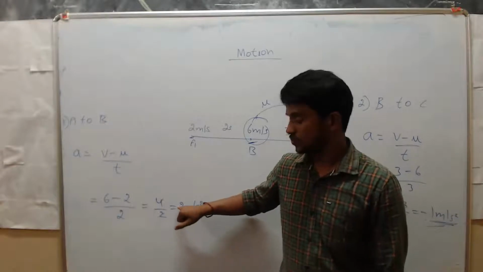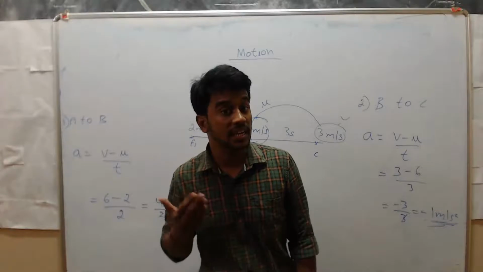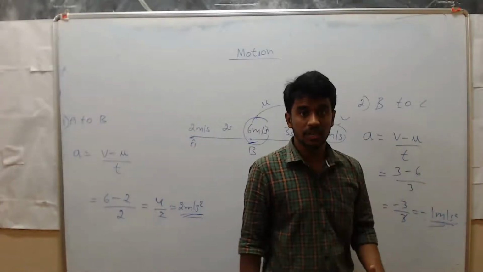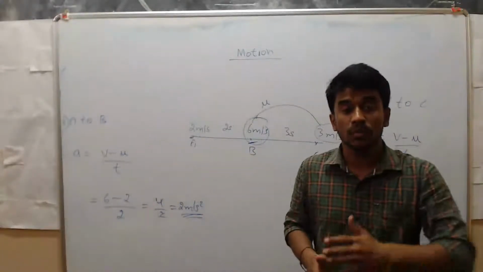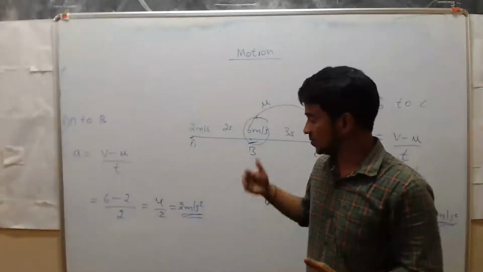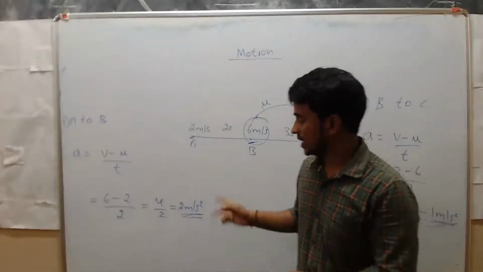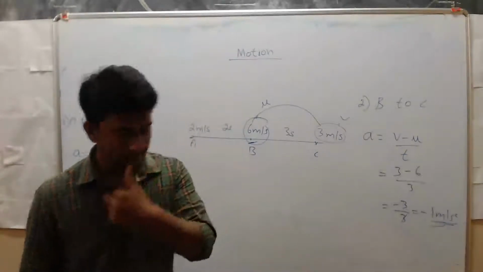So here this is +2, which represents velocity increased, and here minus represents velocity decreased. If the velocity decreases, then we will get the acceleration in negative. If the velocity increases, then we will get the acceleration positive. So clear the difference between the positive and negative values.